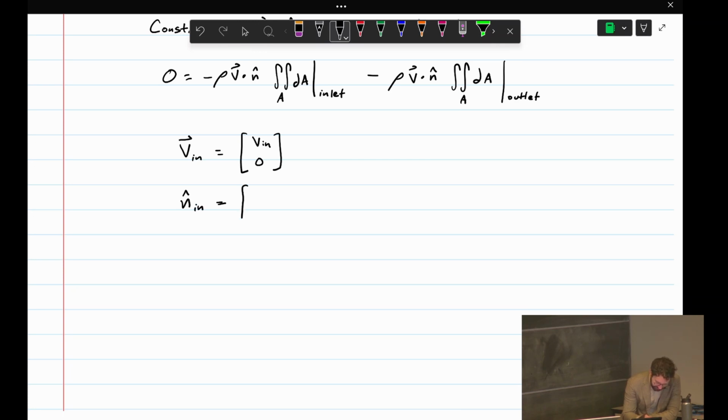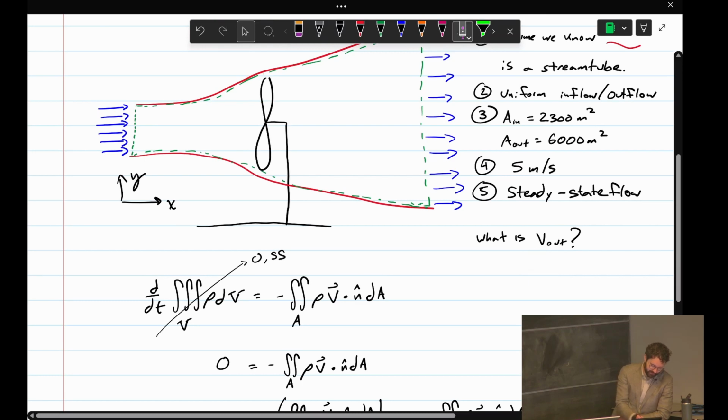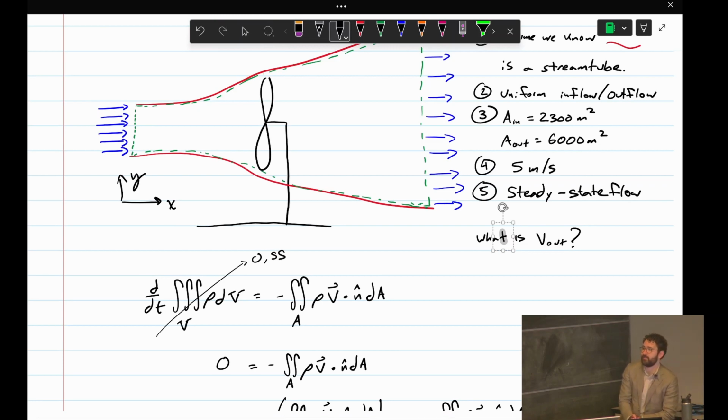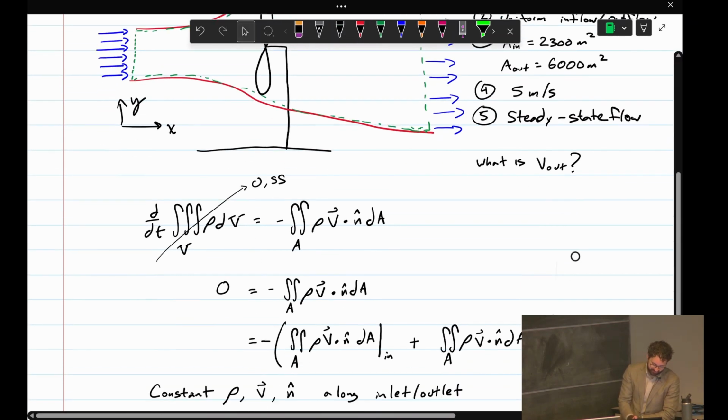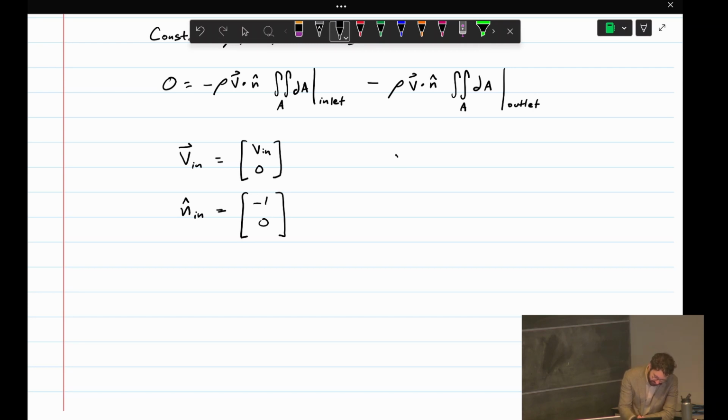What about our normal vector at the inlet? What would that look like? Remember the normal vector points outward. So it's like this. What will that look like? Yep, negative 1 and 0. Exactly. And remember, that's constant along that entire inlet face, which is why we could pull that out of our integral.